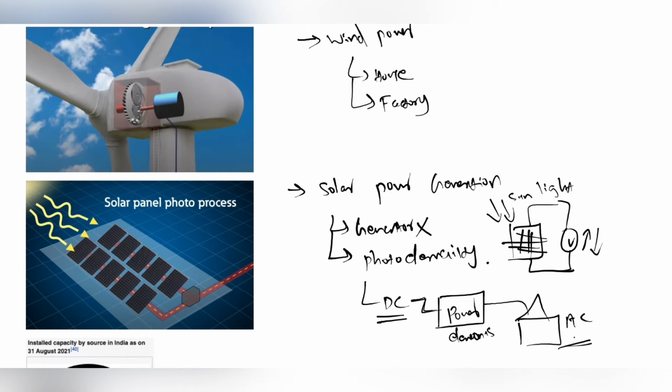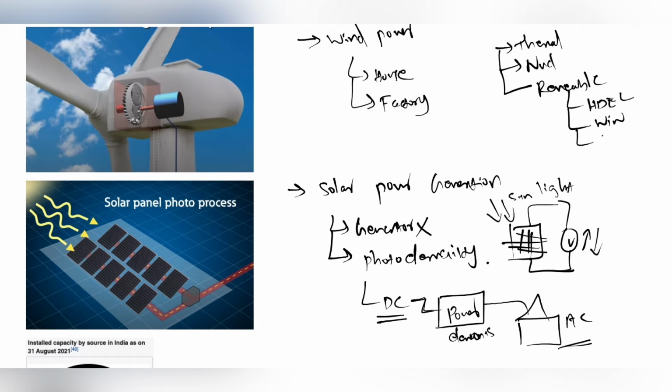These are the various types of power plants and power generation methods that we discussed. The first one we discussed was the thermal power plants, and then nuclear power plants, and then renewable power plants, in which we discussed hydroelectric power plants and wind and also solar.